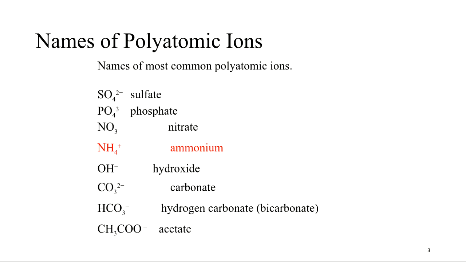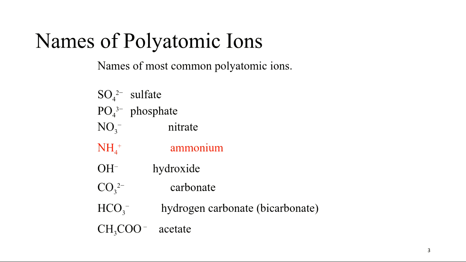Again, as I told you for the previous table, there is no need to memorize all of them. We only have some common polyatomic ions that we are going to use a lot and you are going to hear about them in this course. Like what?